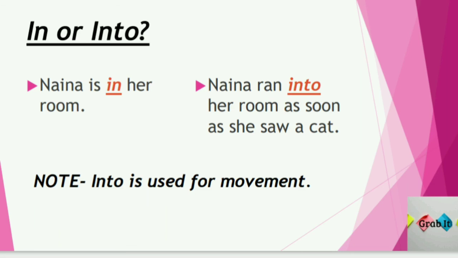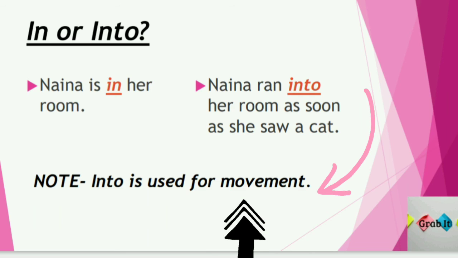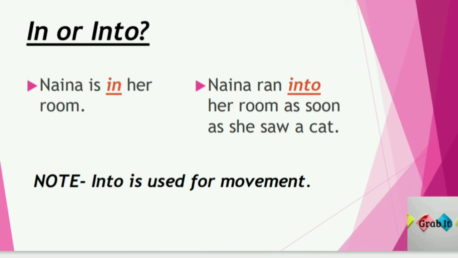So there's a movement, and therefore I'm using into. From there comes the difference between in and into. Into is always used in reference to a movement. So if there is a movement in any sentence, we will make use of into and not in. And if there is no movement, then in is appropriate.